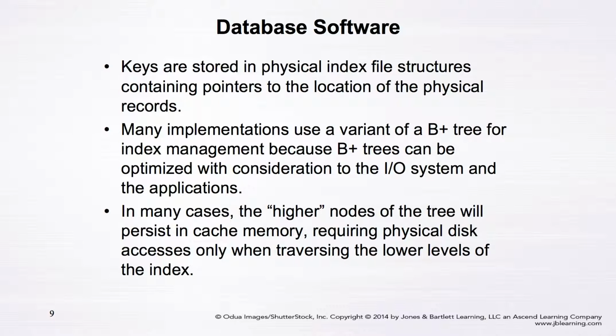Many implementations use variants of the B+tree for index management because the B+tree can be optimized with consideration to the I/O system and the application. However, in many cases, the higher nodes of the tree will persist in the cache memory, so that requires a physical disk access only when traversing the lower levels of the index.